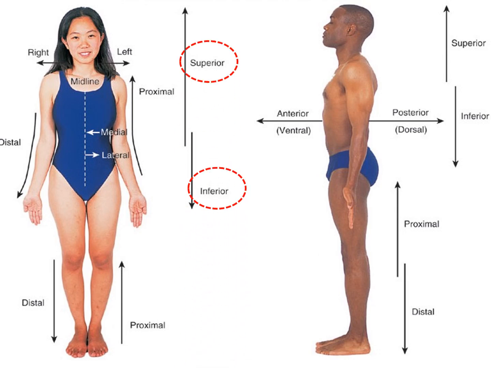From there, we have these sets of directional terms, and we use these in reference when we are trying to talk or compare where one body structure is or where one organ is in comparison to another. So with superior and inferior, I'm not talking about one organ being better than the other or far less than the other. Instead, I'm talking about location. So for instance, we would use the word superior to say that the nose is superior to the heart.